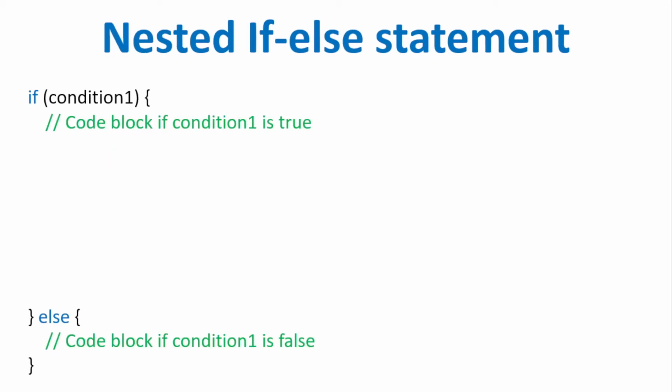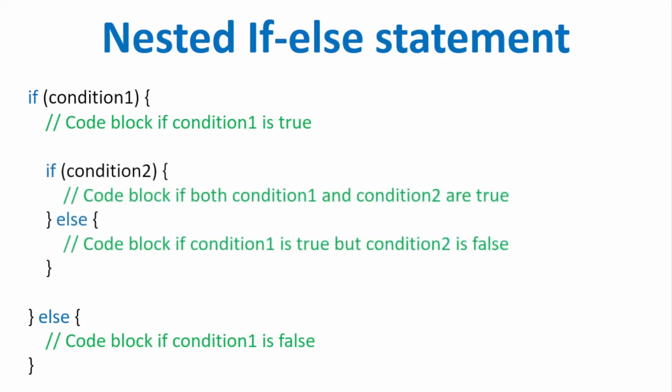Number four, nested if-else statements. This is when you place one if or if-else inside another. You can use it to create more complex decision trees, especially when several conditions must be met together or in a specific sequence.